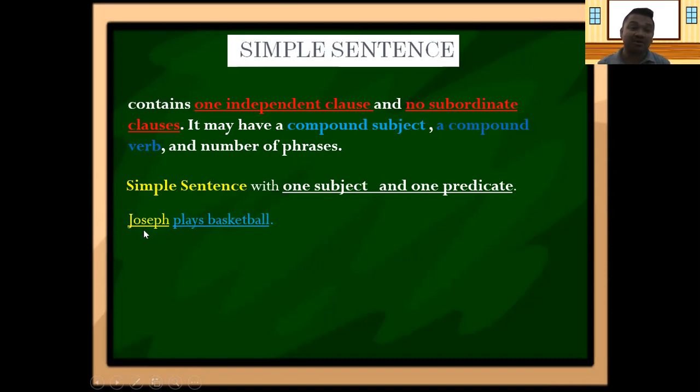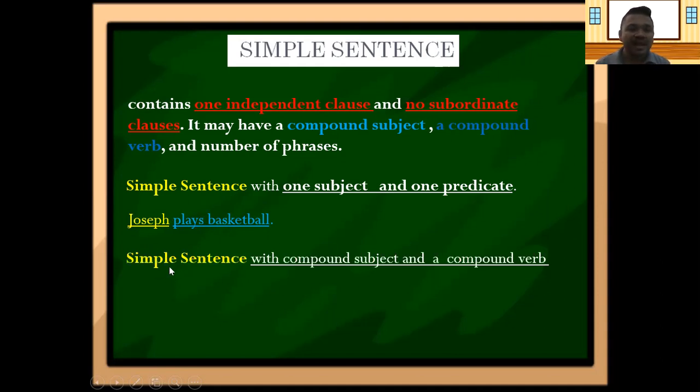Joseph here is the subject, and plays basketball is the predicate. There is one subject and one predicate, so this is a simple sentence.